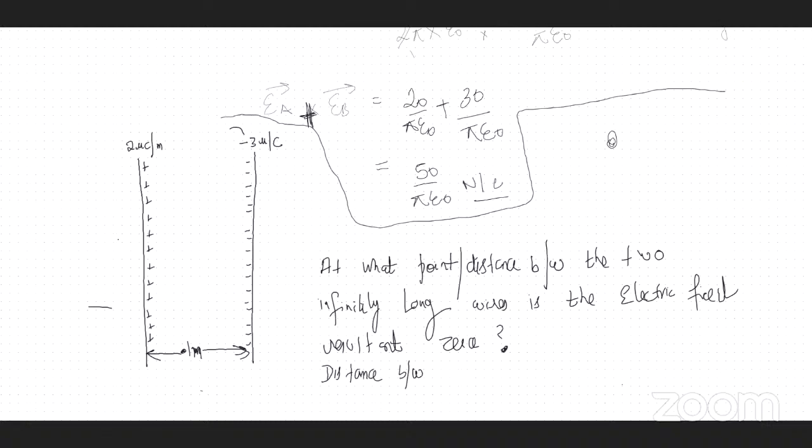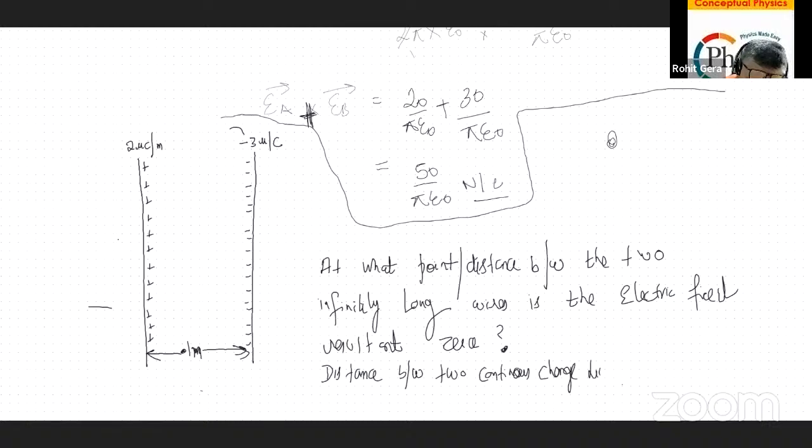What point between the positive and negative long wires is the resultant electric field zero?